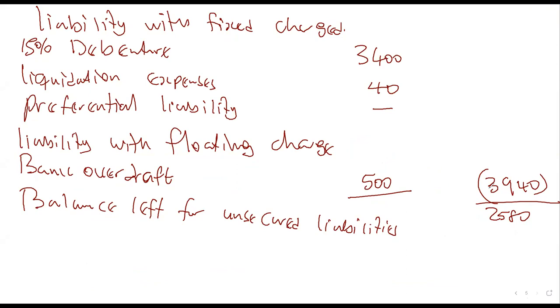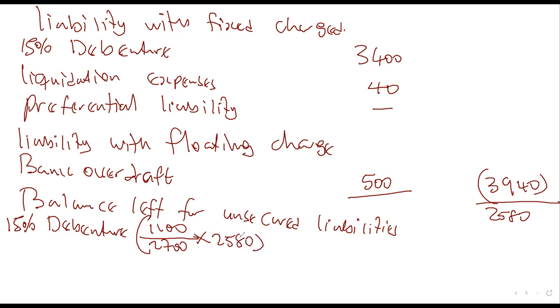So when you write here, the 15% debenture, you open a bracket. It was 1,100 divided by 2,700 times 2,580. That's all.